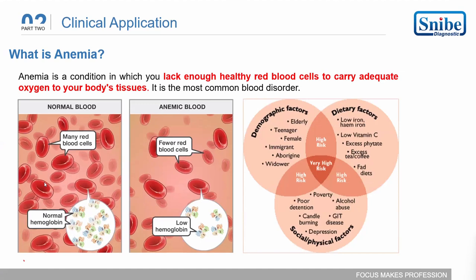So if we talk about anemia, we have discussed anemia in detail. As you know, anemia is a condition of lacking healthy red blood cells to carry adequate oxygen to your body tissues. It is the most common blood disorder, a condition which develops when your blood produces a lower than normal amount of healthy RBCs.